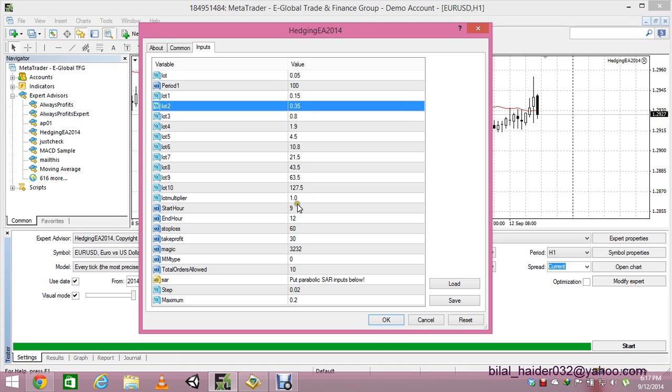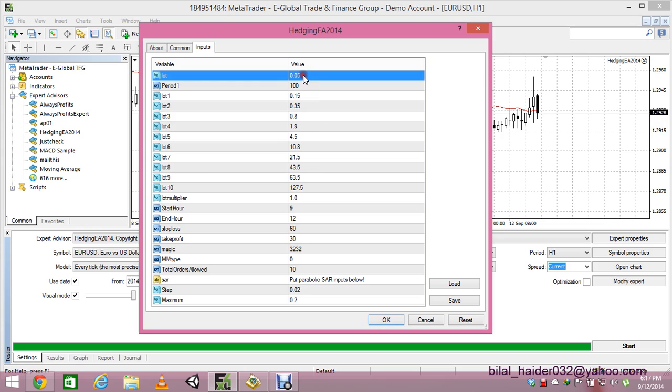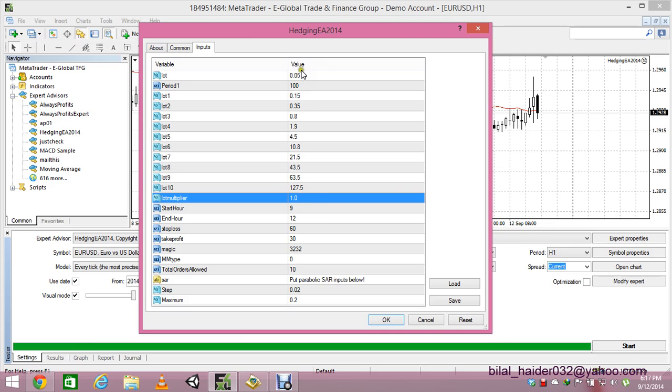If you set it to 0.5, then this will be 0.025, that will be 0.02 or 0.03, I don't know, I think it will be 0.02. Anyway, if you decrease it, the lots will decrease.